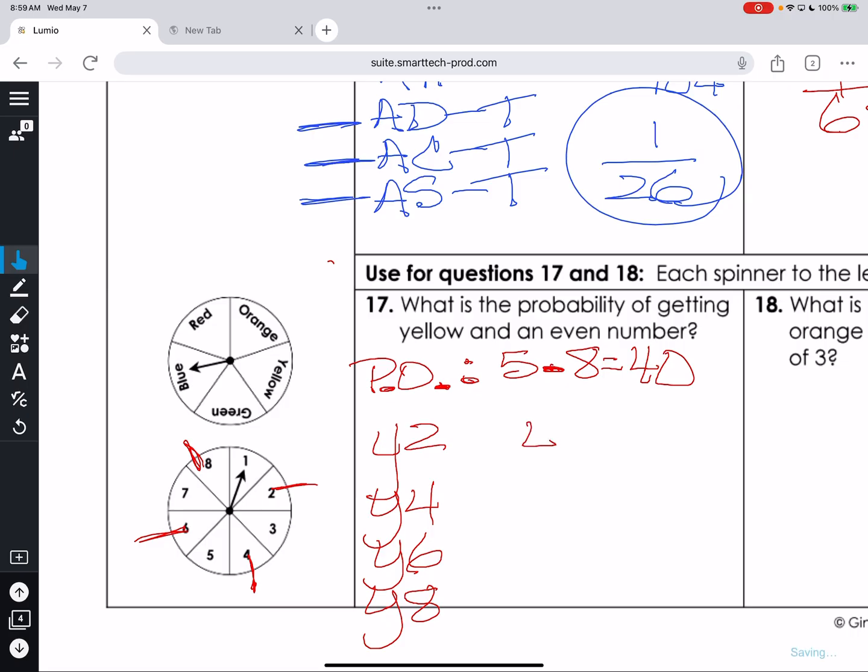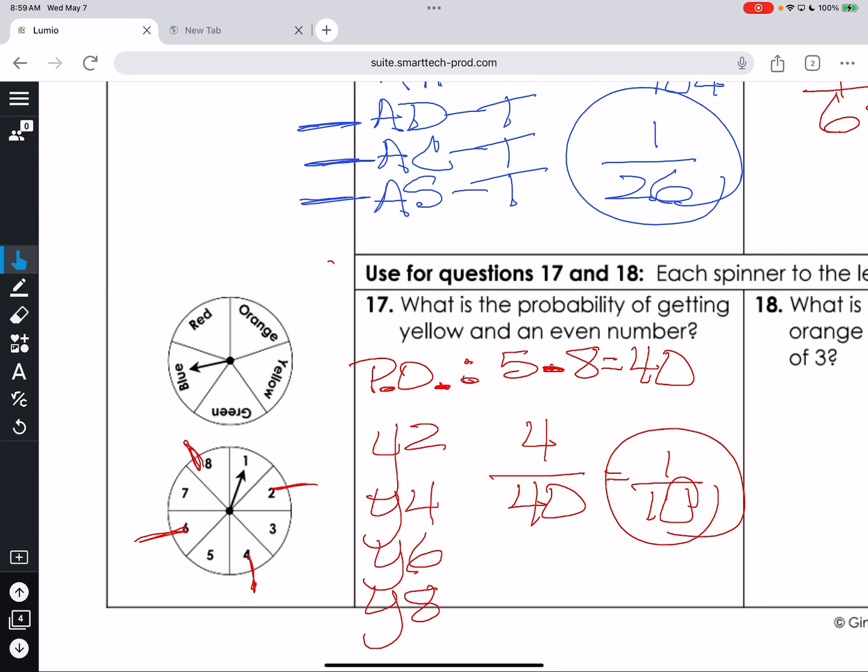So 4 over what, Gabe? Yes, sir. What'd you do? I just did 1/5 times 1/2. Yeah, that works too. Okay. You do the first event and do the second event.